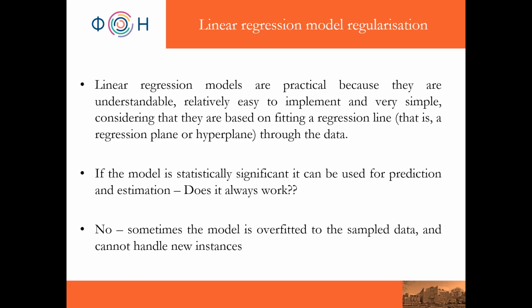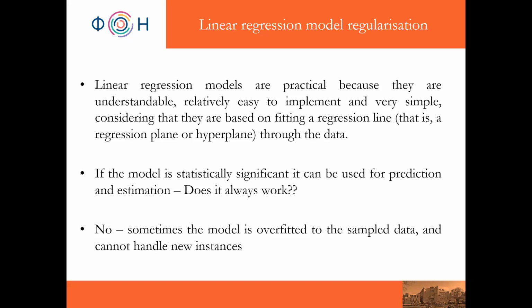That situation occurs sometimes when your model is overfitted to the data which you have collected. So if your model is overfitted to the data which you have collected, it cannot handle new instances well.